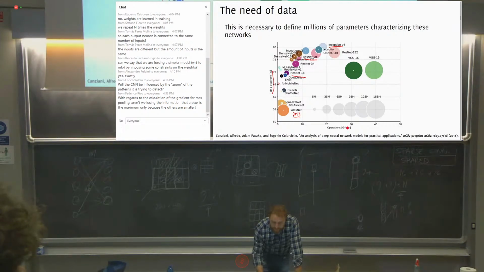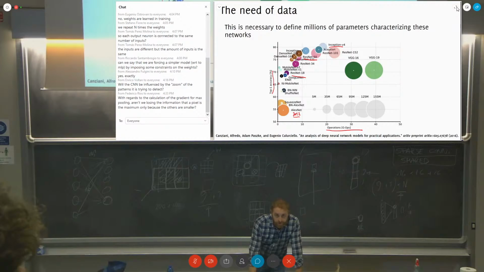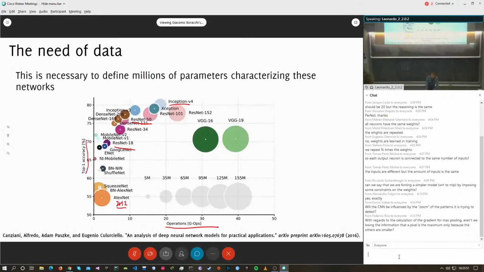You can see here the number of operations required, and here the accuracy, which is the top 1 accuracy. So how often you get as first output of the network the correct class, right?